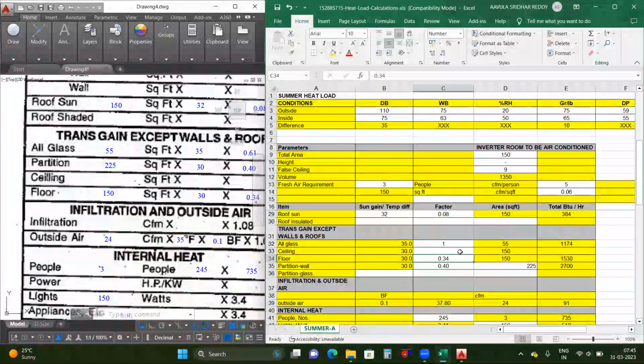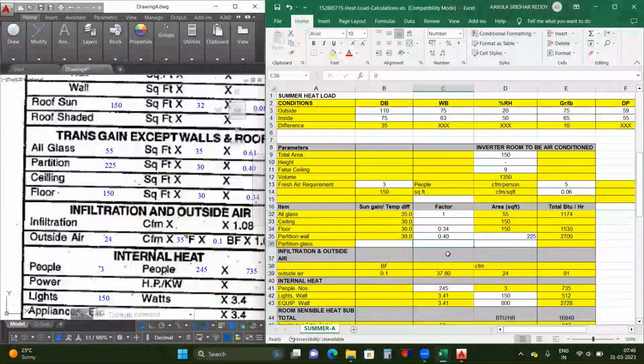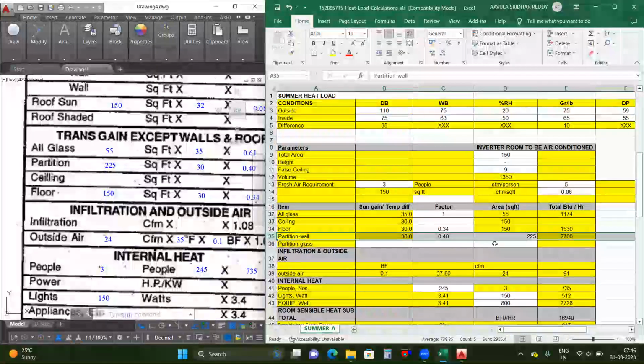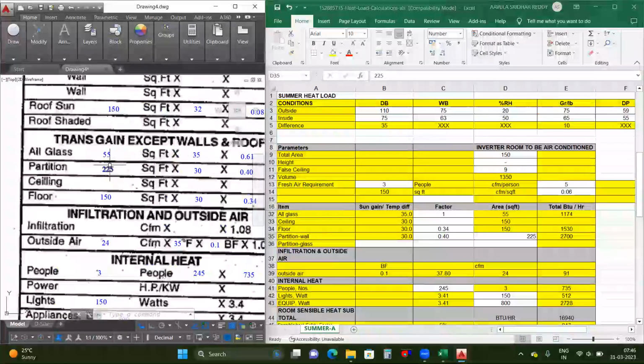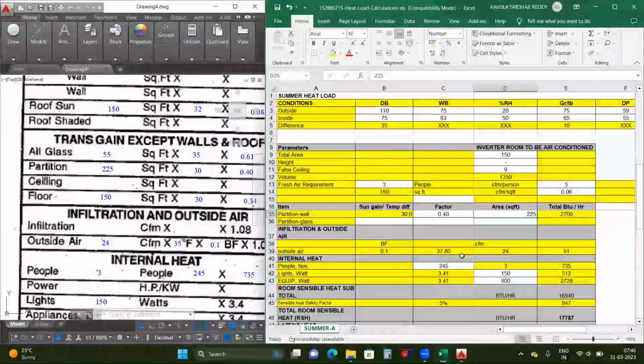Floor we have taken, the U value is 0.34, the same, we can leave it. Partition glass U value is 0.40, that is right. And this 225 is the partition wall area, yes, same. Next, infiltration and outside air.